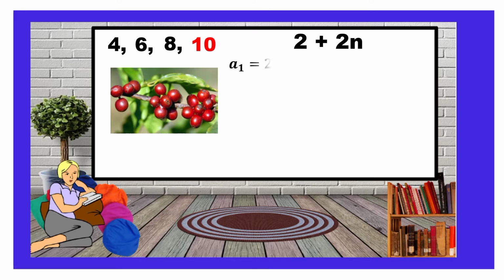So if n is equal to 1, we have 2 plus 2 times 1. And 2 times 1 is equal to 2. So we have now 2 plus 2, which is equal to 4. And 4 is our first term.